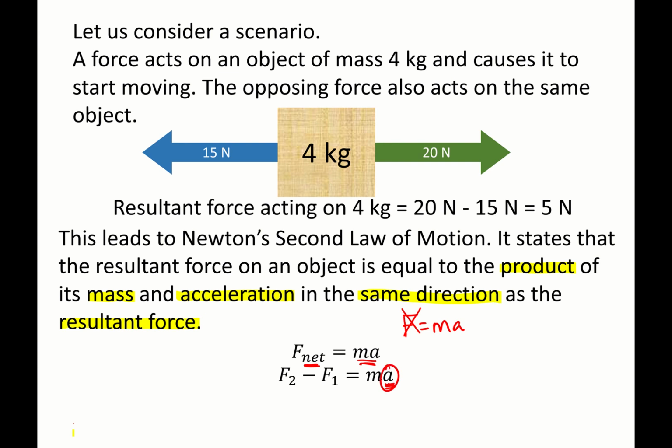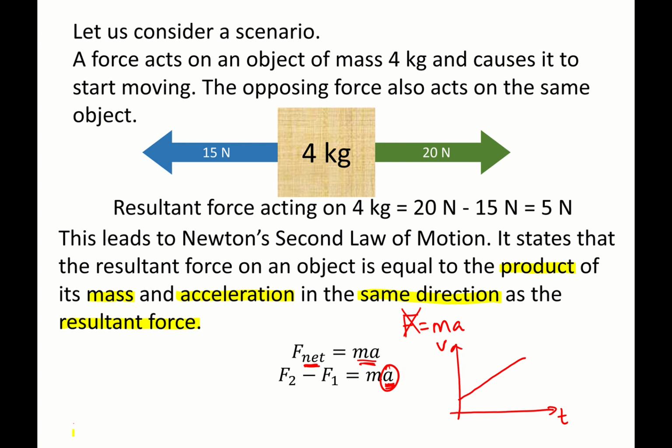And recall what you learned in kinematics. How do you determine acceleration? You can get acceleration from a velocity time graph. Describing the motion using a velocity time graph, you know that the acceleration equals the gradient of the velocity time graph.